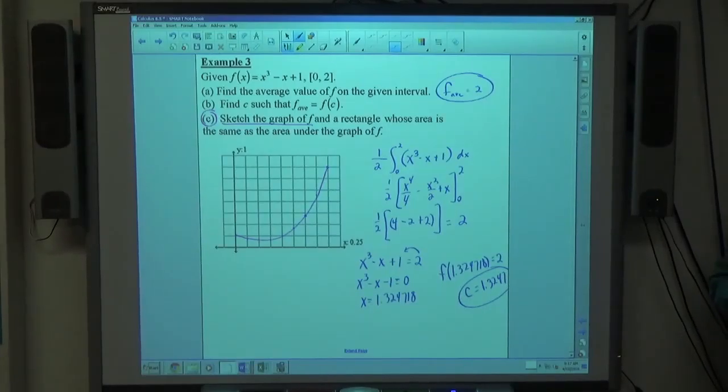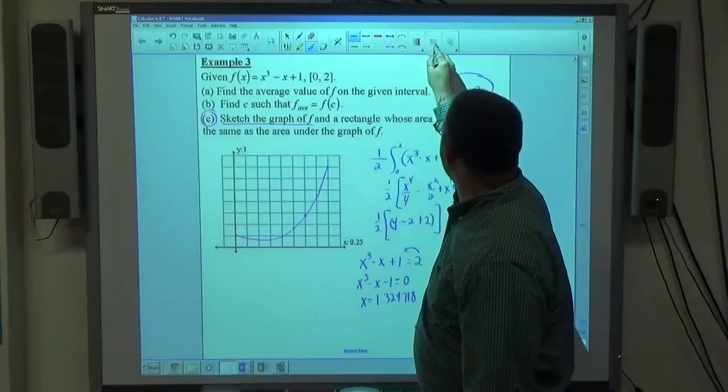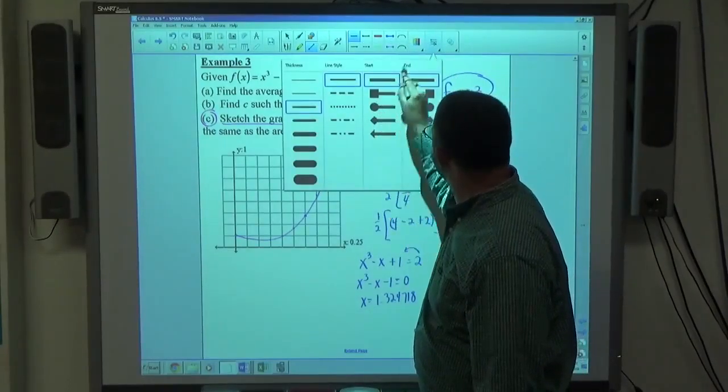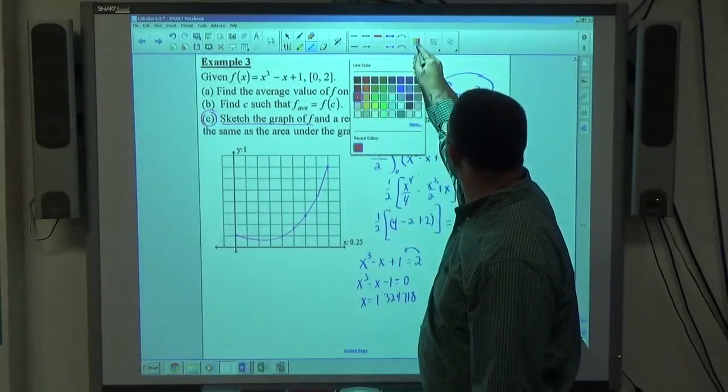In addition to the graph, they want me to sketch a rectangle whose area is the same as the area under the graph of f. Okay, this is really, really simple to do. The average value of function f is 2, right? So what I want to do is put a horizontal line at 2. Let's go red on this one.